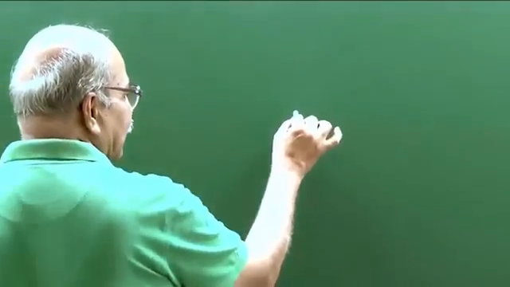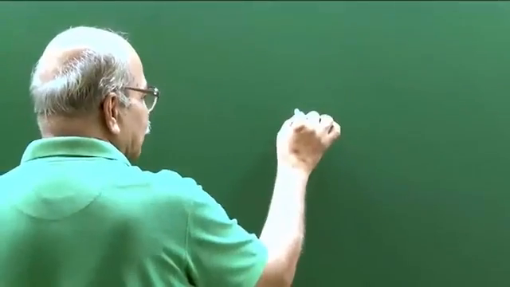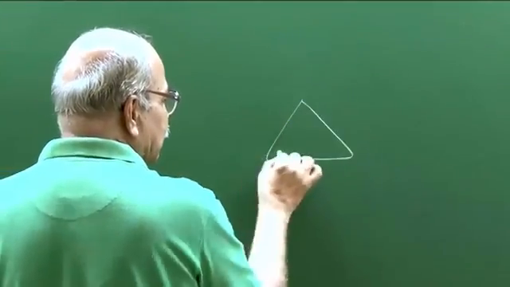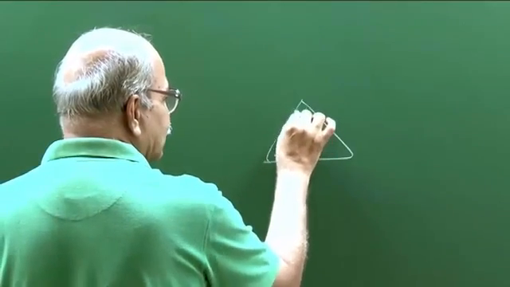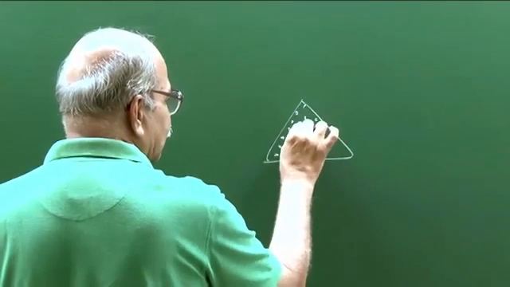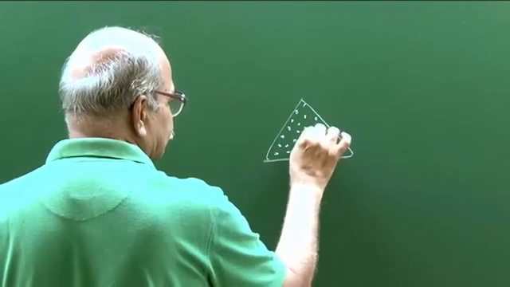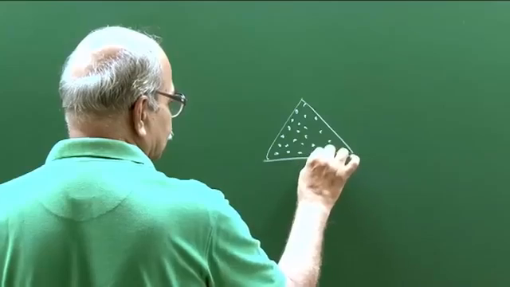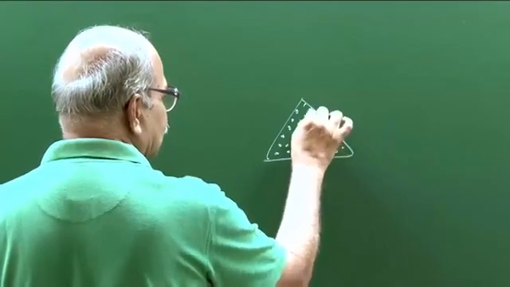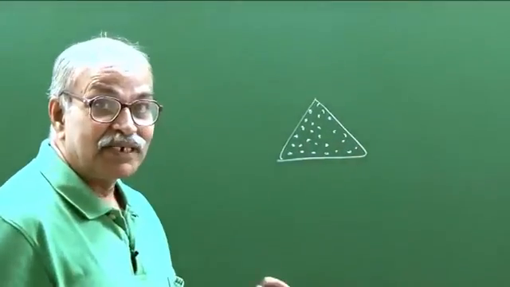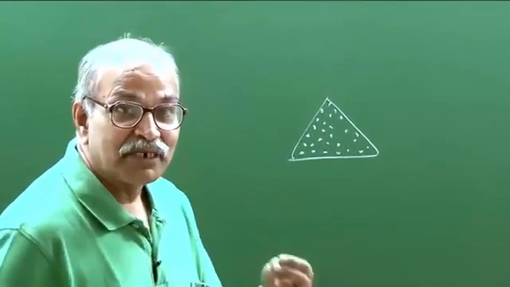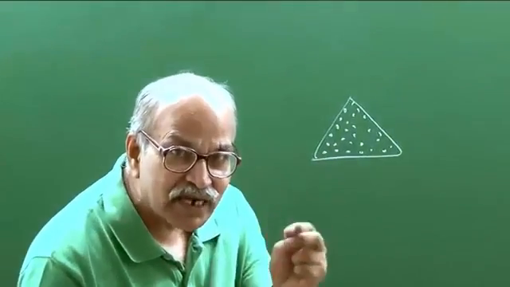Suppose your opening is triangular. So, these are the points, you take these as the points. This is all triangular. Each point is making a circular disc, but if the screen is close, those discs are small.